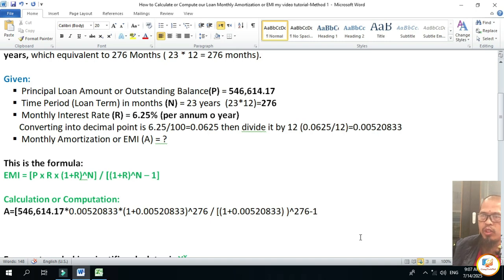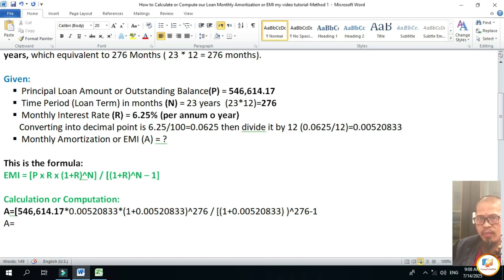Now we're going to substitute this. If you studied algebra, you're able to compute this.